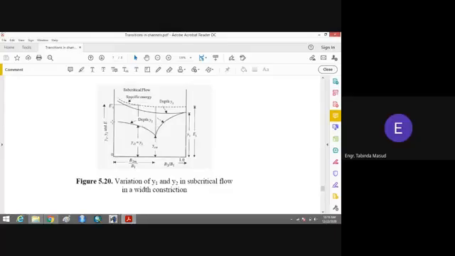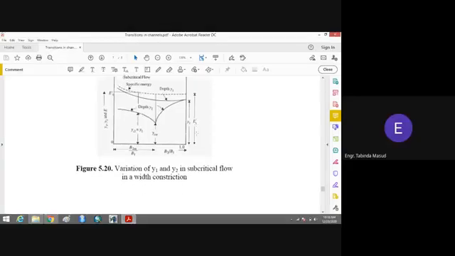When the discharge changes, the value of the critical depth of the flow will also change. Let's suppose initially the critical depth of the flow was 0.5 meter, and now the new critical depth of the flow is 0.7 meter. But in case of the weir, this is not the case. If the critical depth of the flow is, let's suppose, 0.6 meter, it will remain constant at 0.6 meter.